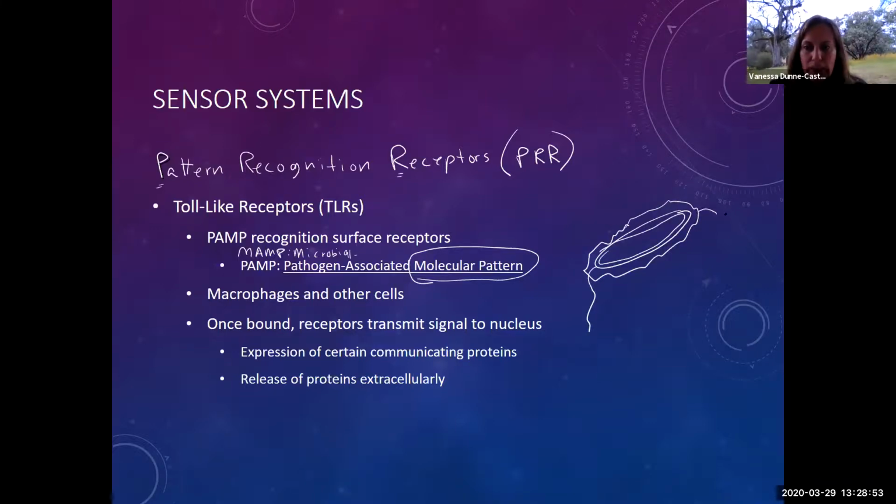The outer membrane of gram-negative bacteria is full of lipopolysaccharide. If you recall, this is a pattern of lipids, proteins, and carbohydrates that make up that lipopolysaccharide layer. So this is one example of a molecular pattern.